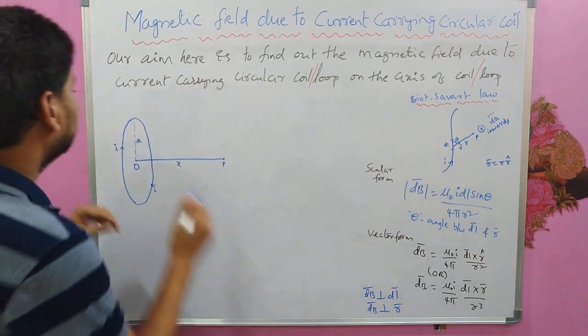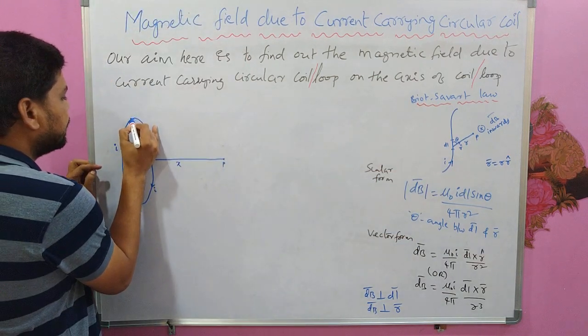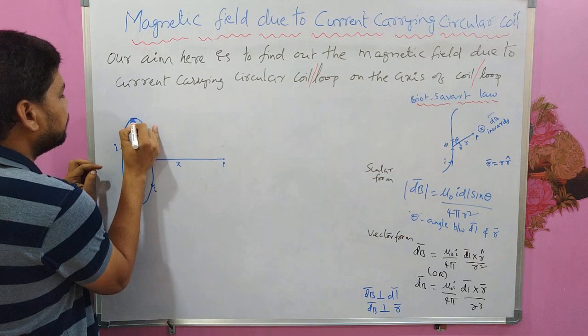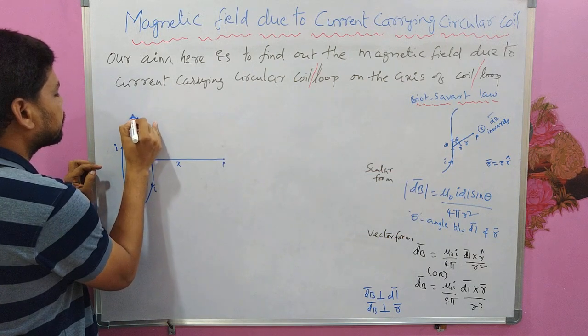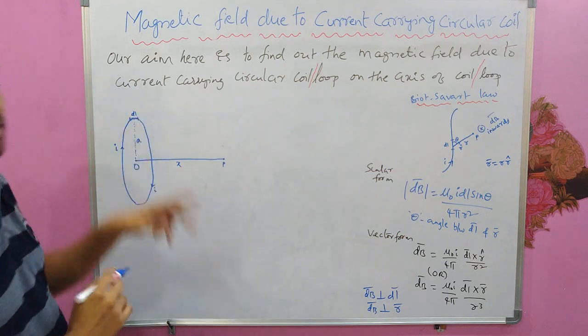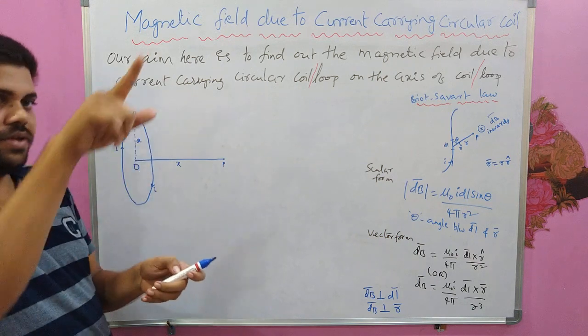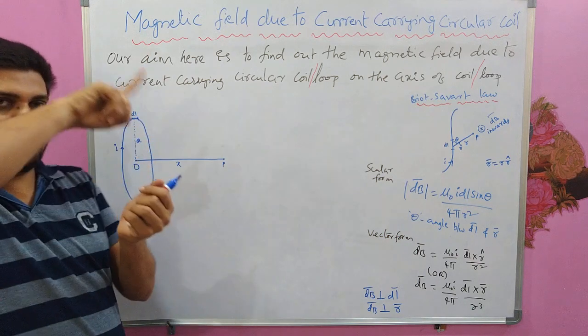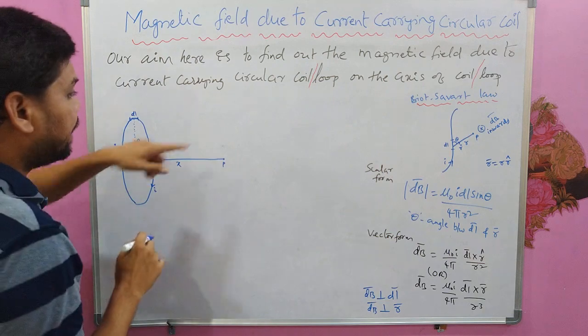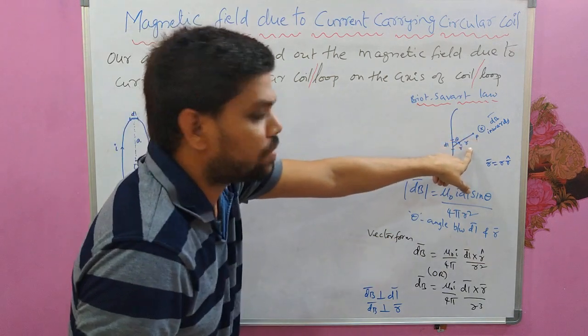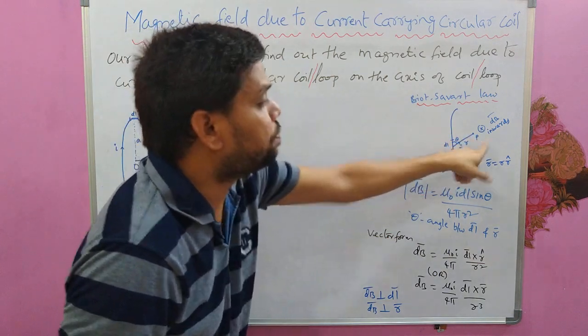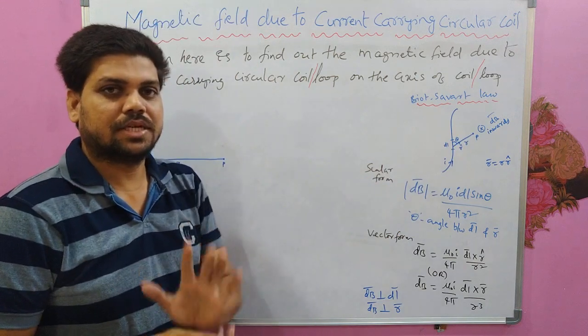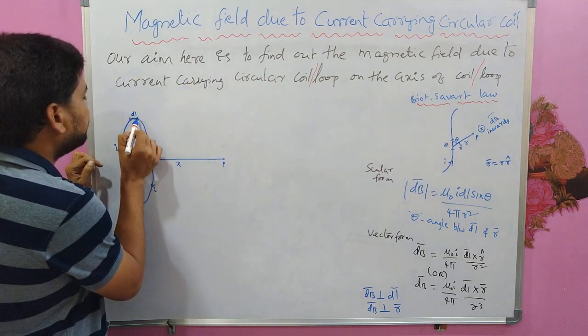So for that, I am considering a small length element dl here, through which current I is flowing in this way on the top of this coil, and the distance small r is from dl to P.